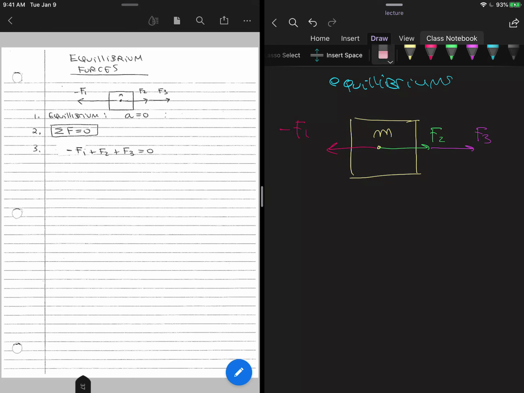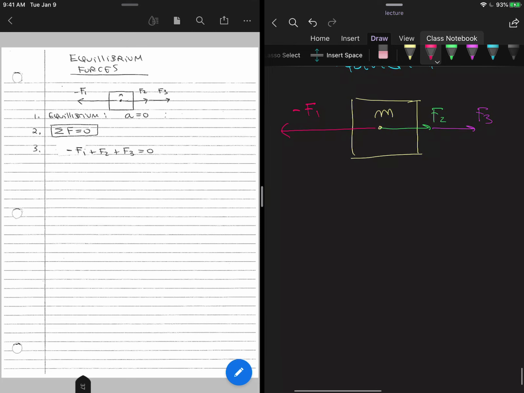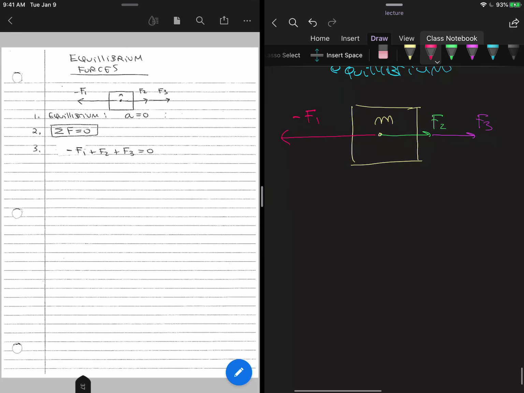So F1 should be the same length as these other two forces combined so that they balance. And again, we're assuming there's no motion, so acceleration is going to be 0.